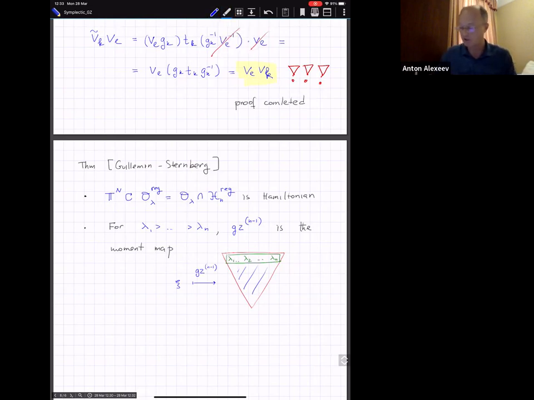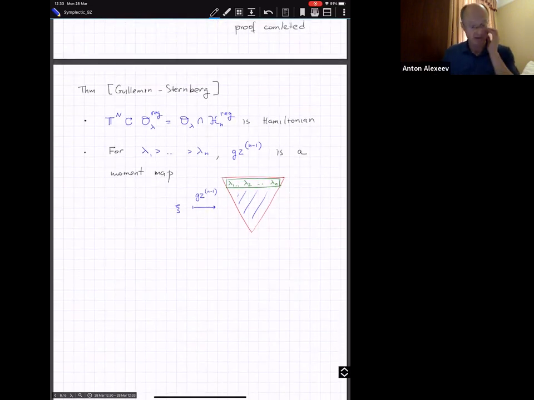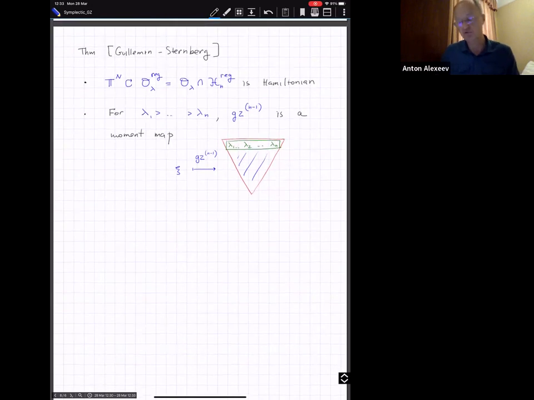Maybe I should better say a moment map, because for a torus action, I can always shift by constant. So here I choose some particular moment map. All right, so you see those two constructions, they nicely fit together. This strange Sym action and the Gelfand-Zetlin map, which is a rather naive map.